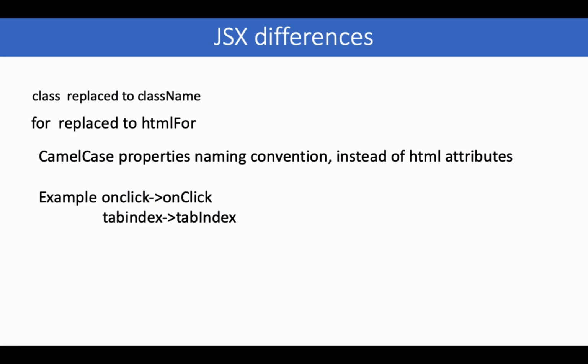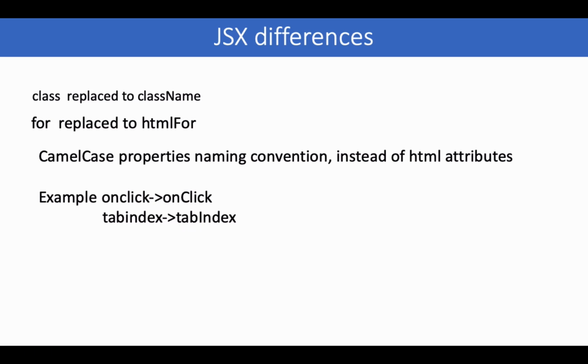Instead of HTML attributes, for example, we have onclick, which is all lowercase. But when it comes to React with JSX, we need to utilize camelCase. We have two words here, on and click, so the second word's first letter must be a capital one. Likewise in tabIndex, as we saw here.